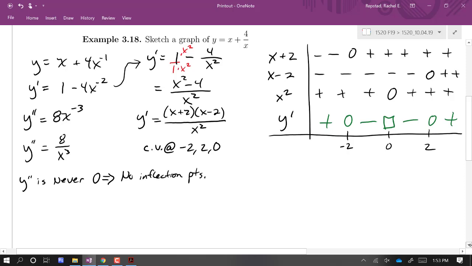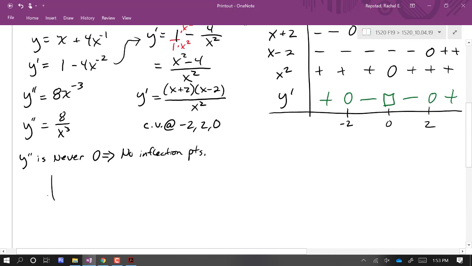Our sign chart will be fairly simple. There's no possible inflection points, but I still have this point of interest at 0. I always want to include the places where the first or second derivative is undefined, because you can get different behavior on either side. And in fact, in this case, we will.